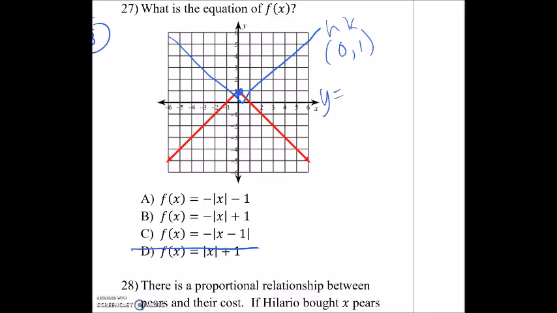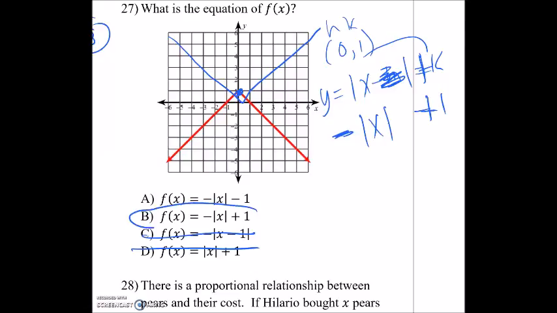So it goes back to a formula very much like what we've seen before. For h, there's nothing there because it's 0, but what should be outside? The plus 1. So the absolute value of x and then the plus 1 outside, but because it's upside down, we should have a negative. So my answer is B.